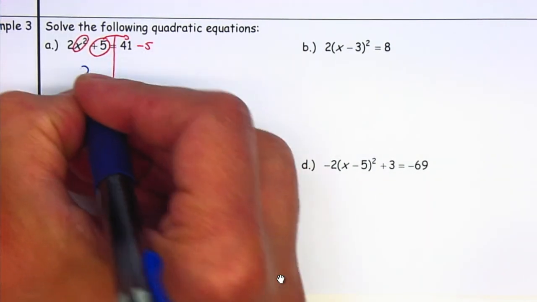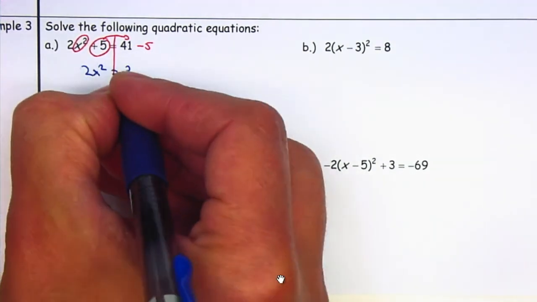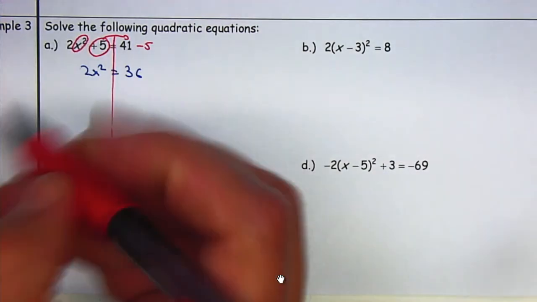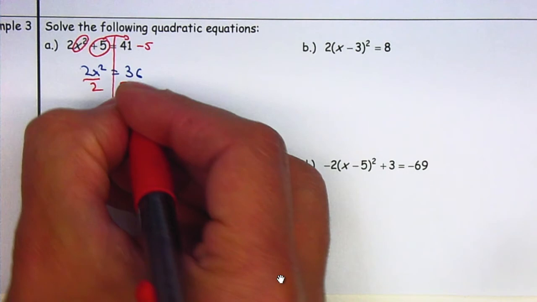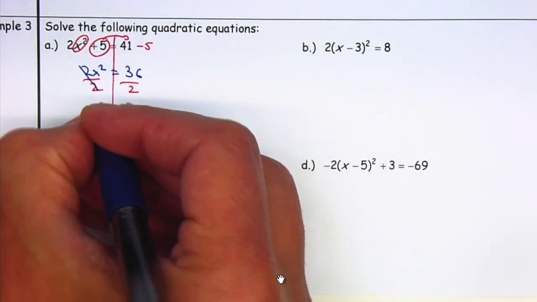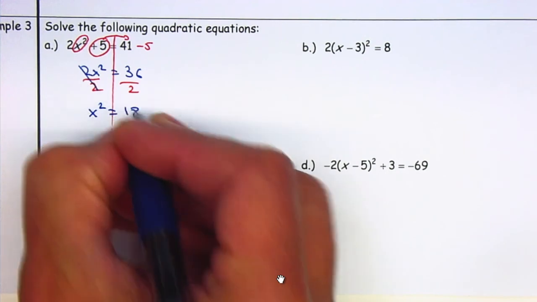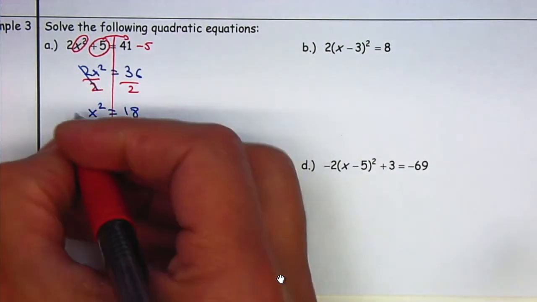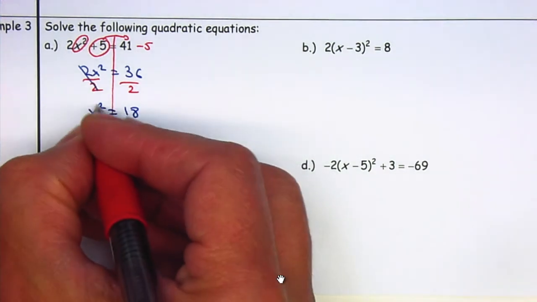We have 2x squared is equal to 36. And then we can divide by 2 on both sides to leave the x squared by itself. So the 2's cancel. We have x squared is equal to 18. And we can take the square root of 18 to get rid of the square.